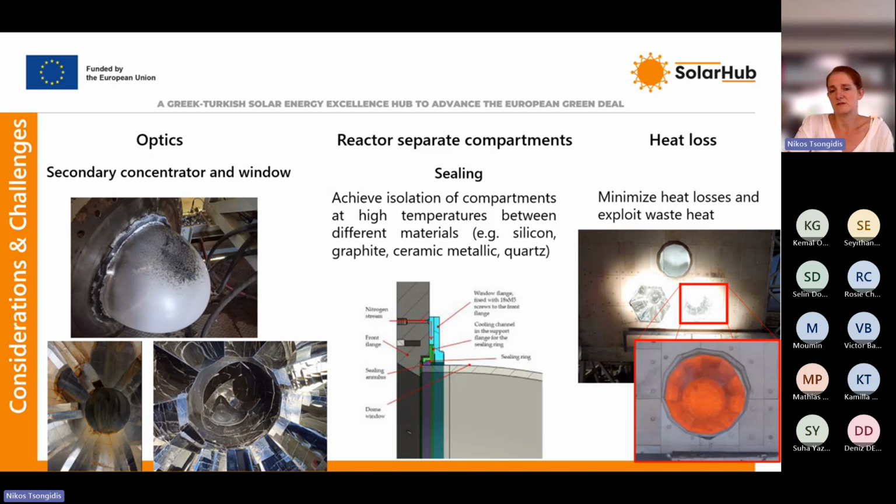And this is a challenge that always needs to be dealt with during long-term operation of such reactors under realistic conditions in the real environment of the solar platform. While, as I said before, we have to exploit the waste heat, the heat losses that we have at such high temperatures, and achieve maximum recovery of heat from such processes, which would highly improve the process efficiency.